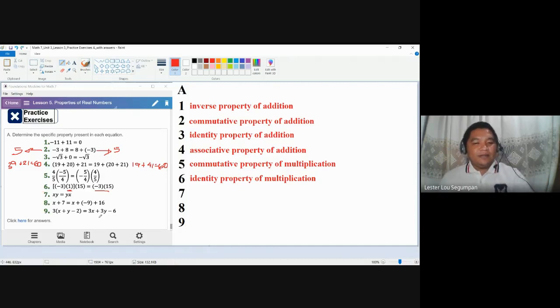So as for number 7, we see that x and y here is the same as writing y and x. As a spoiler alert, if we simply write variables side by side, automatically the operation is multiplication.